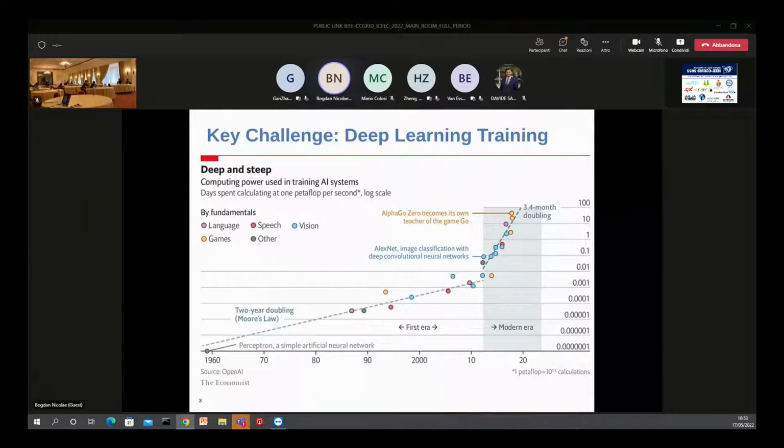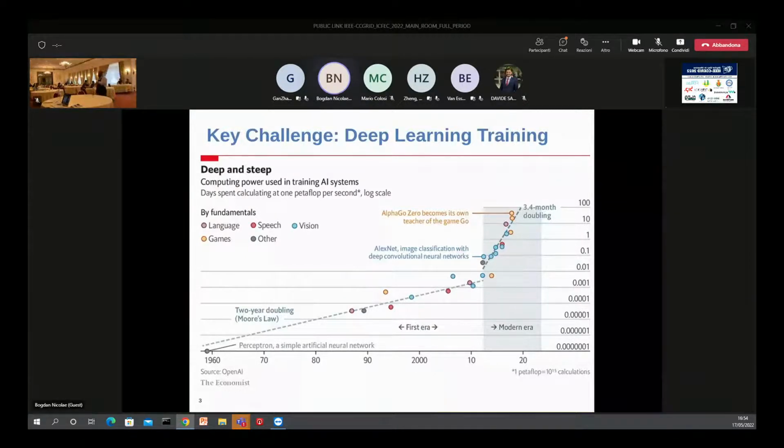We had doubling of the training time every 2 years, but now since 2012, because of the accessibility to data and the growing complexity of the models, we see doubling every couple of months. And this trend is even growing higher, and would make training even more difficult in the future.